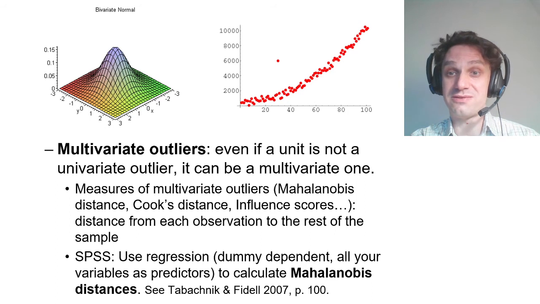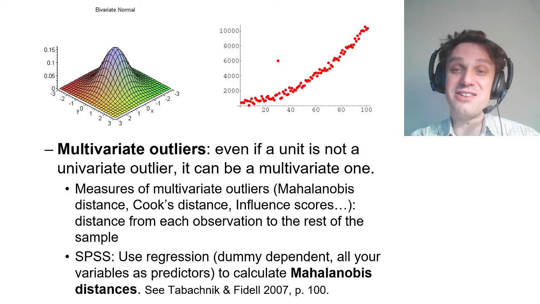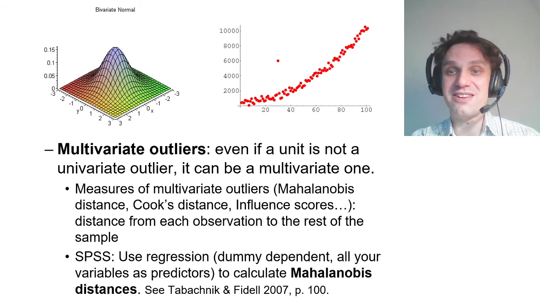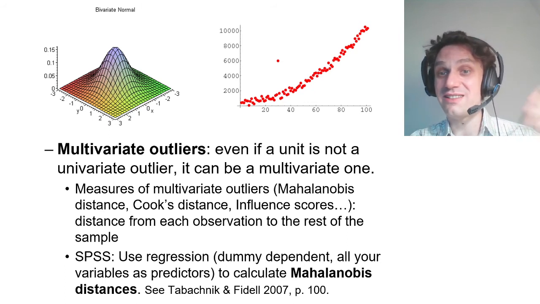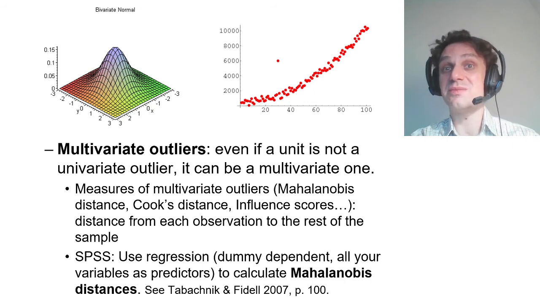Imagine that you have 30 questions in your questionnaire, and you're trying to detect individuals who produced very abnormal response patterns. You can include in SPSS in regression any dependent variable, just the number of observation or an empty column. And all of the variables you're interested in, you include as predictors.